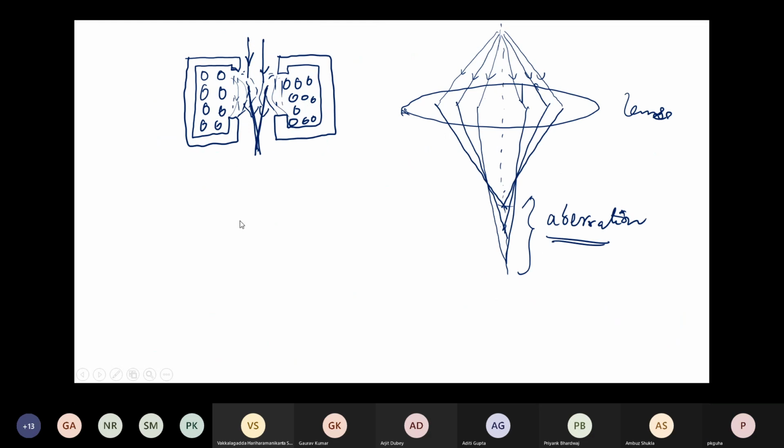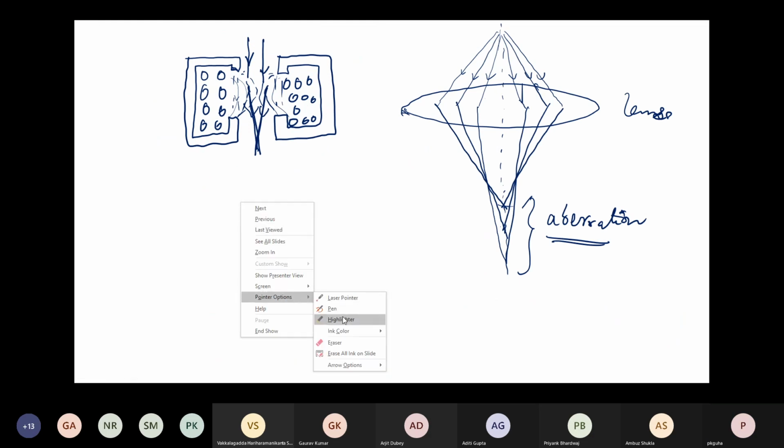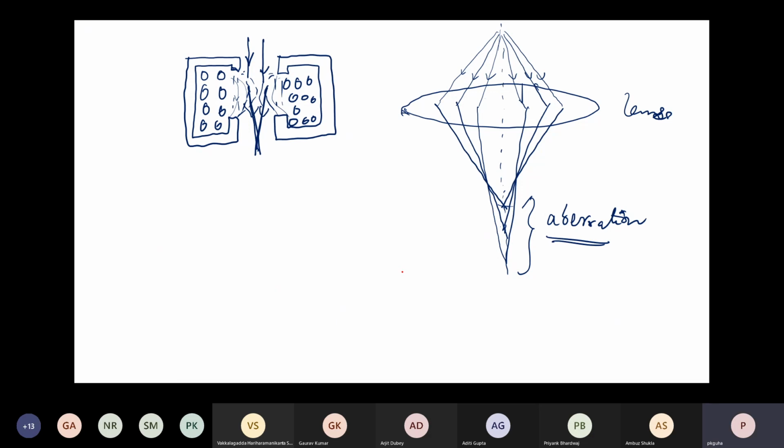I have a lens here and I have an aperture here. So there will be an aperture, then a lens usually. It is a plate kind of structure with a hole at the center.